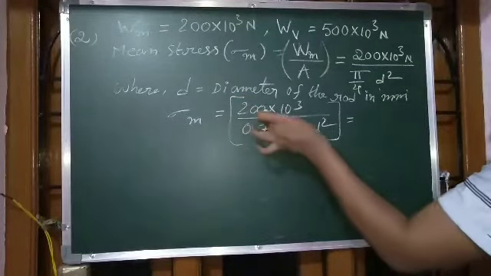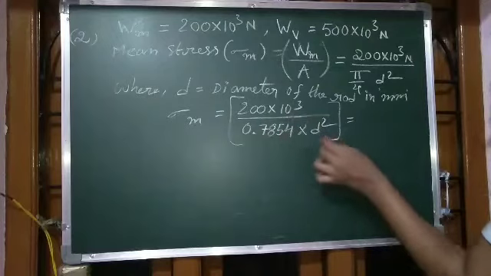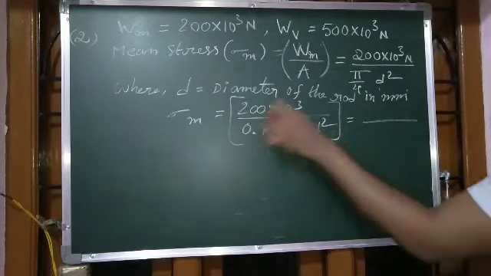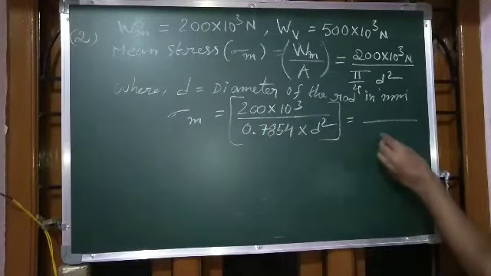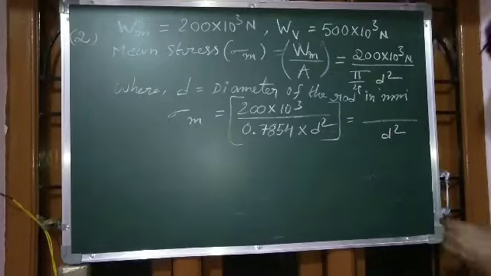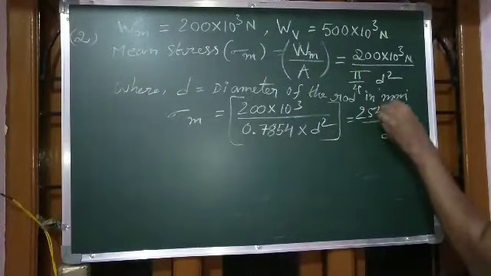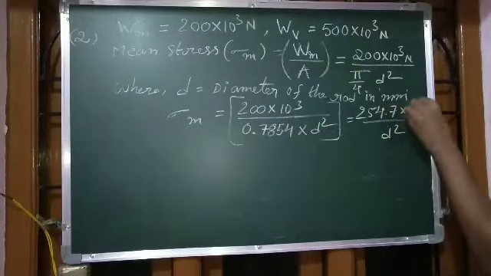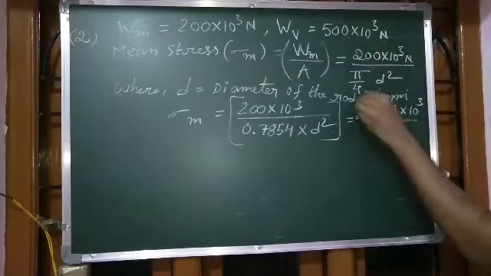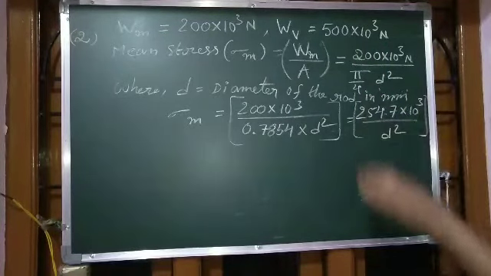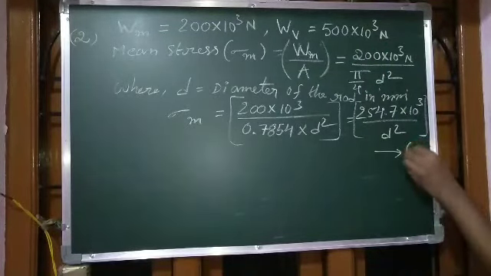After calculating this, the final value is 254.7 into 10 cube. This is the value of mean stress, let us say equation 1.